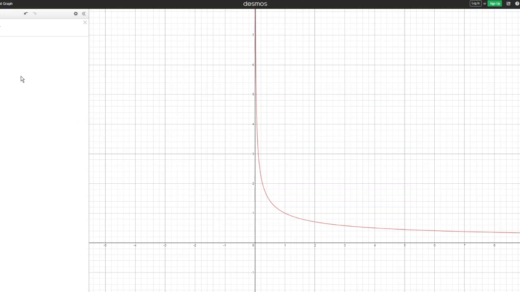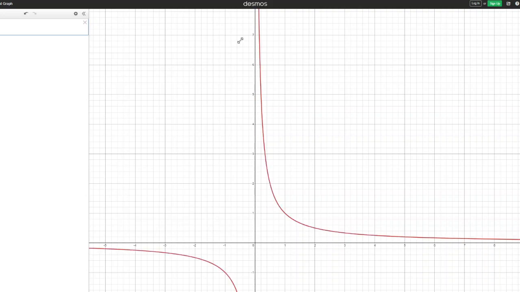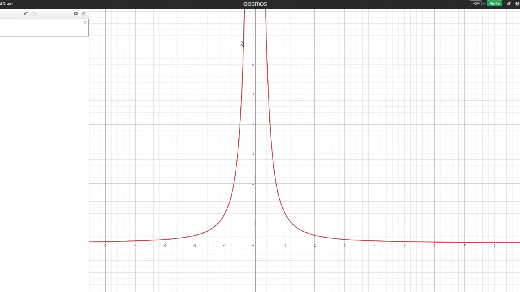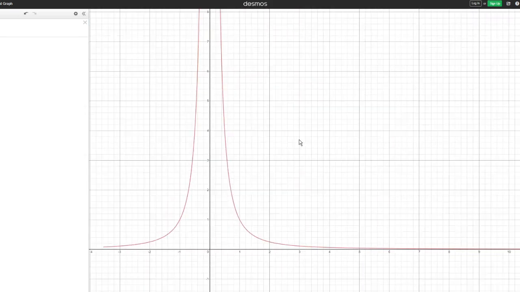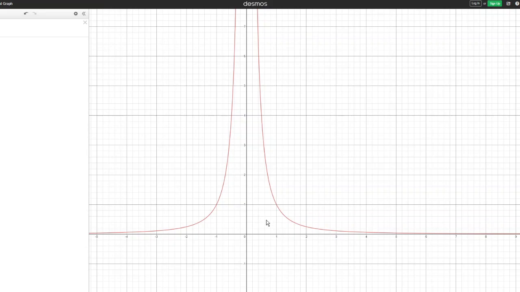I will also show you the geometric meaning of this one, okay? If you look at the graph of the function 1 over x squared, your 1 is here. Geometrically, the integral we just computed is the area under the curve when x is from 0 to 1, right?